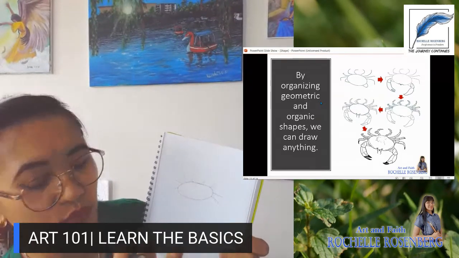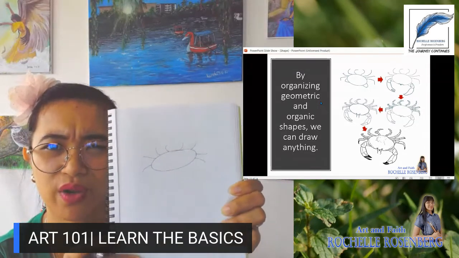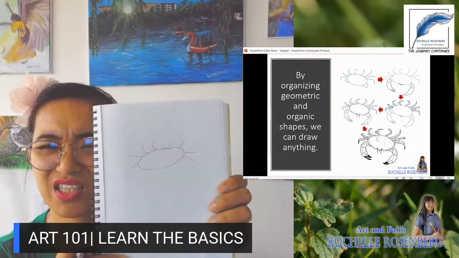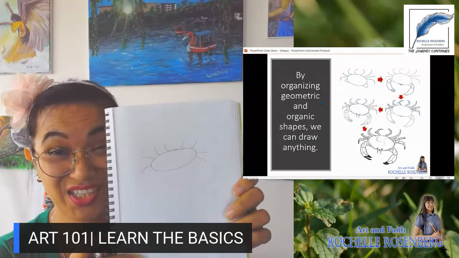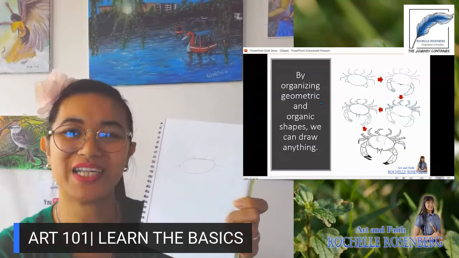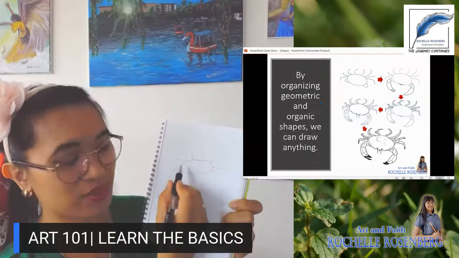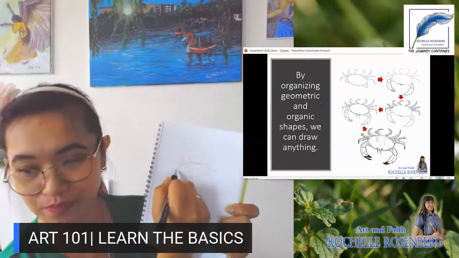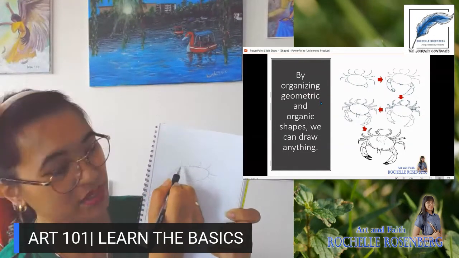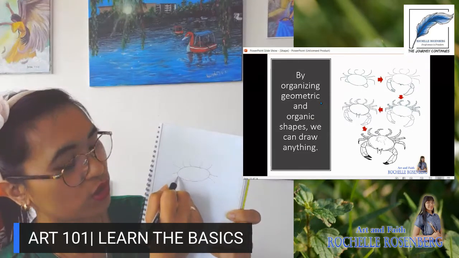Now, if we create it this way, this looks so awful to you, right? Maybe some of you think this is the most awful thing you could draw, but actually, this is the beginning of learning how to draw, and how to grow.